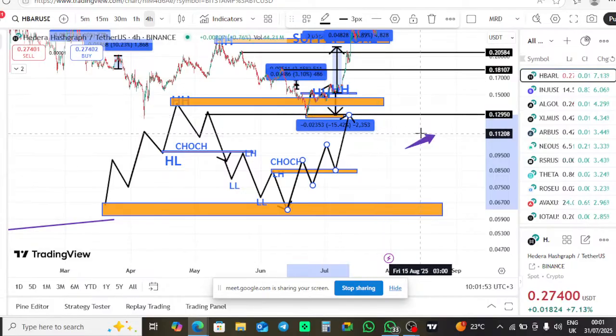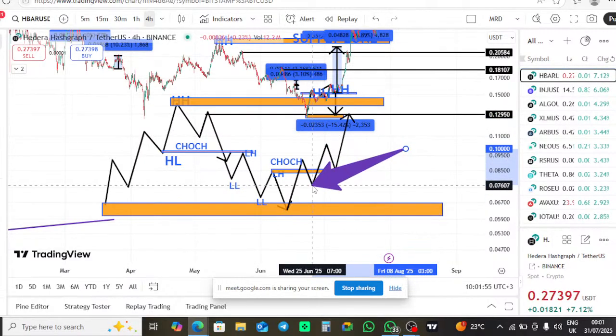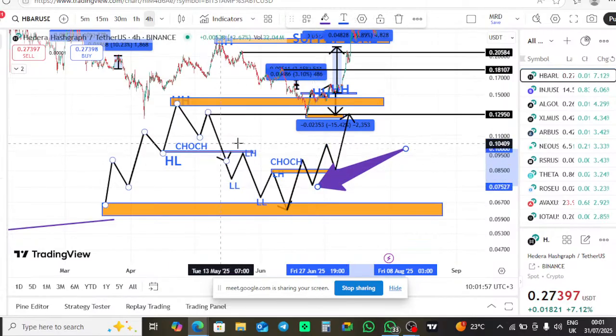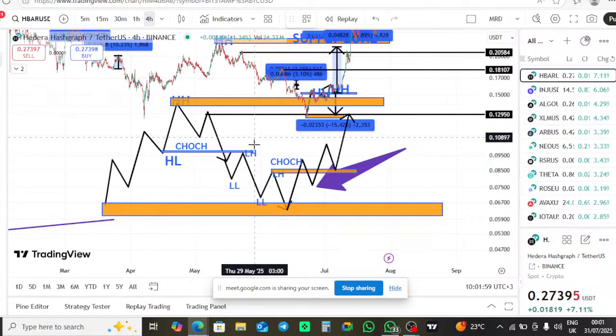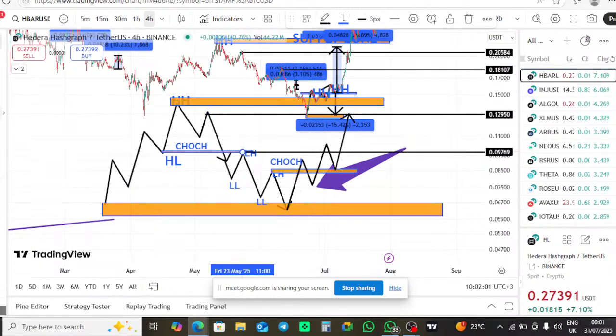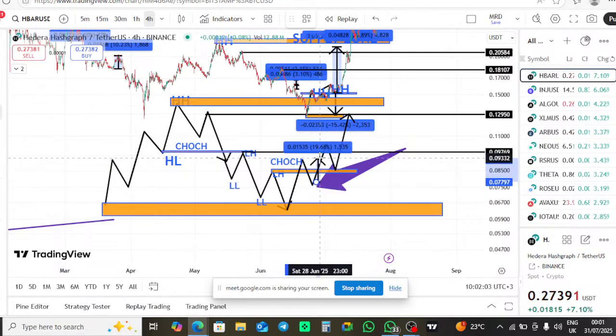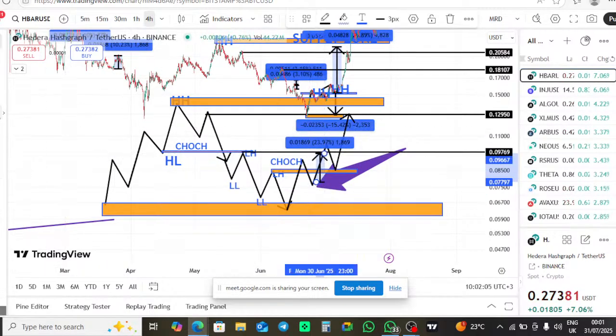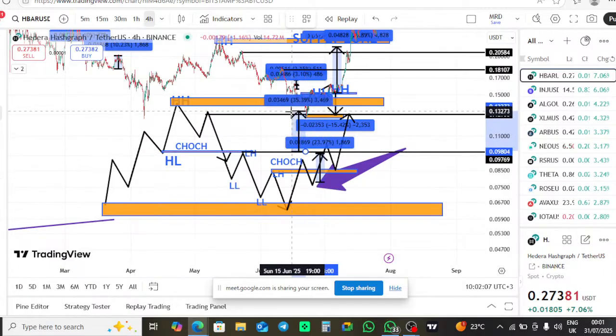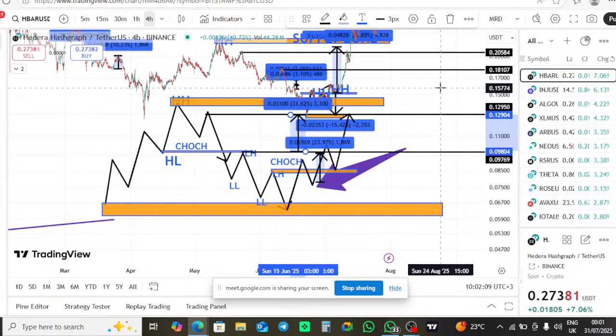You get a point? If you had entered here, then the take profit should be on the previous lower high, which is this. And now you could enter here up to here, and again from here up to here. You see? Make sure you take profit.